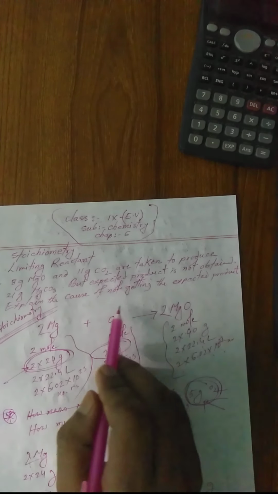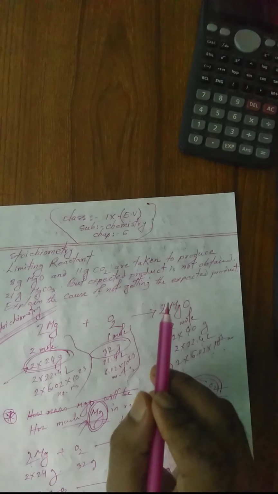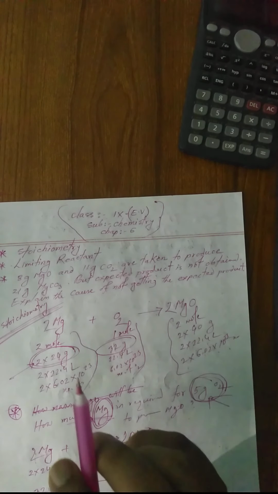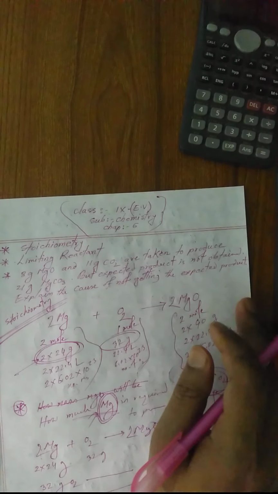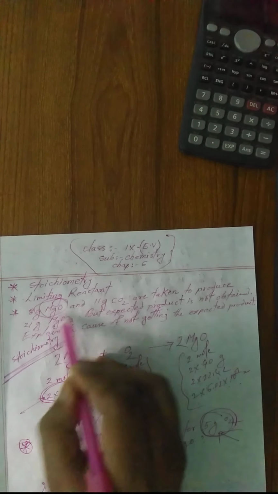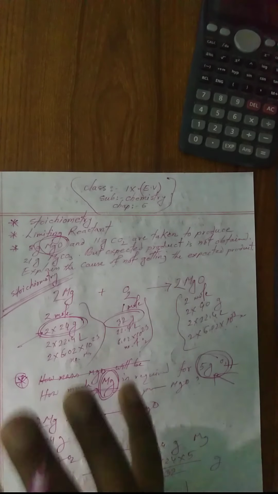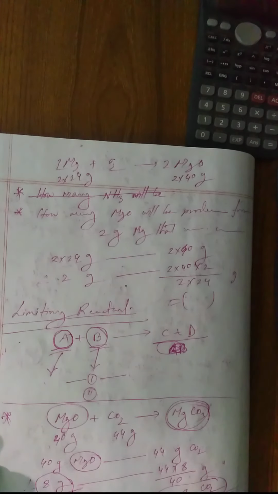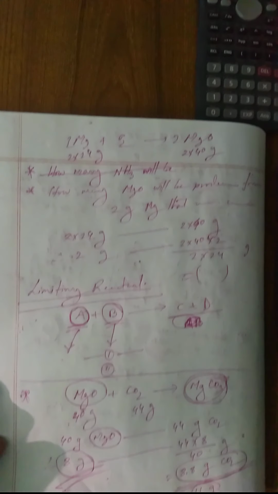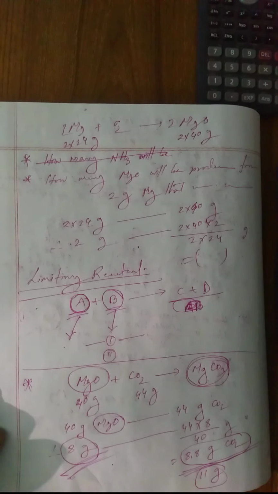We explained the cause of not getting the expected product: the presence of limiting reactant, and the limiting reactant is this MgO. I hope all of you have understood this. So be serious about these topics, because stoichiometry and limiting reactant are very important for this chapter.